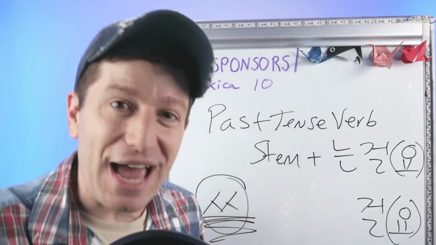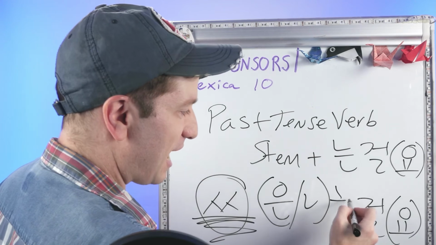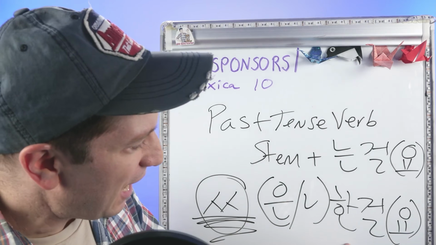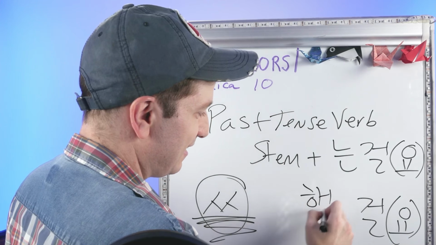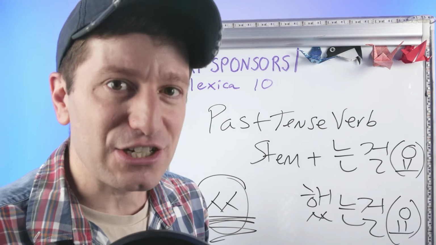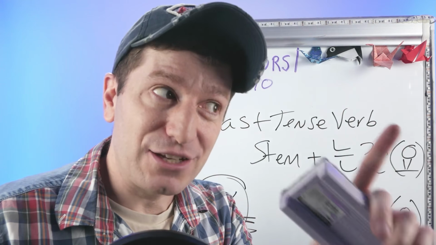But if you use the past tense adjective form, that's the one that ends with this. Like 하다 becomes 한, 먹다 becomes 먹은, like that. So you might see people say 한 걸요, but what they're supposed to say is 했는. A good portion of the time I see it misused with just the past tense adjective form. It's fine, but I want you to know which one's correct so that you're not confused.